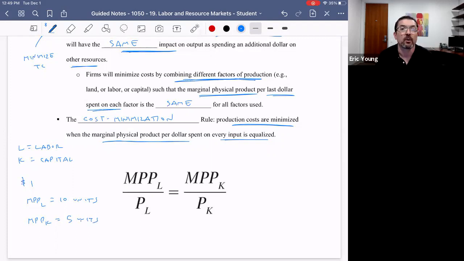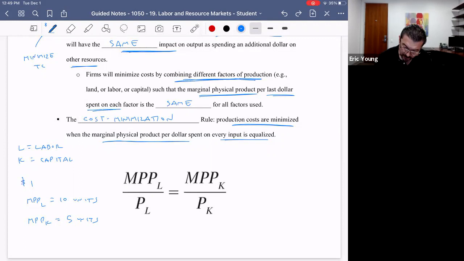Which one would you buy? Well, they're not equal. Think about the bang for the buck right here. You can spend $1 on a worker and get 10 units, or spend $1 on a machine and get 5 units. Clearly, you would say, I'm going to hire the worker.